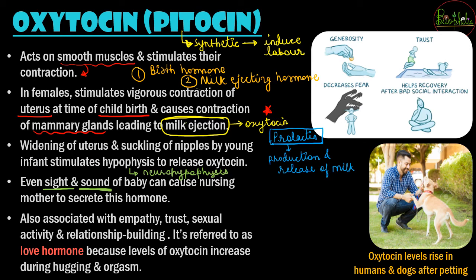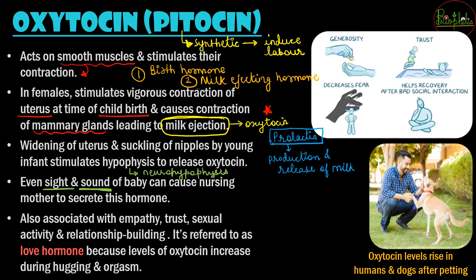But it is not necessary that oxytocin release will be only in these two types of humans. In the non-pregnant females, or the girls who are before puberty, or even in boys, wherein there is no functioning of uterus or mammary glands, what will oxytocin do?